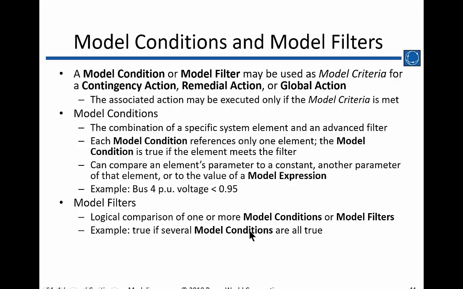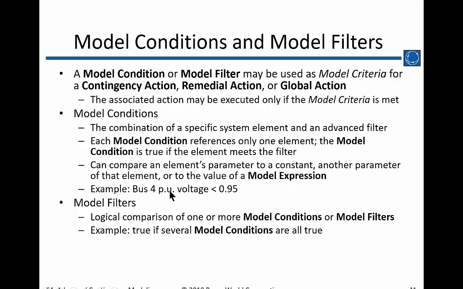For criteria, we have two different object types in Simulator that can be used, and we'll do examples. A model condition is the simplest one, and that would be the combination of a specific element and a filter. So for example, if you want to check to see if the voltage at bus 4 is less than 0.95 per unit, that's something that could be expressed inside a model condition.